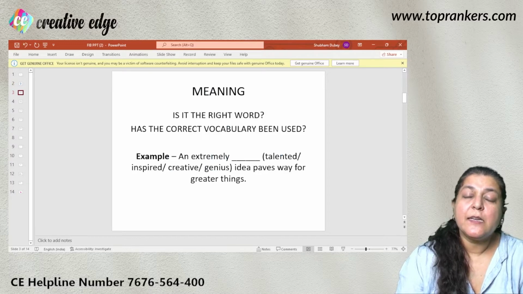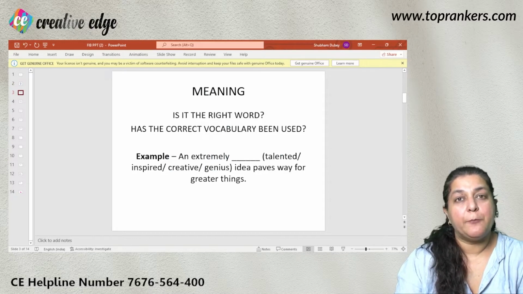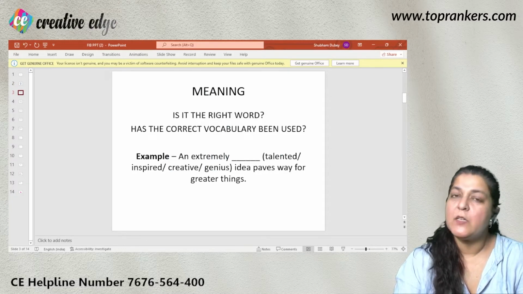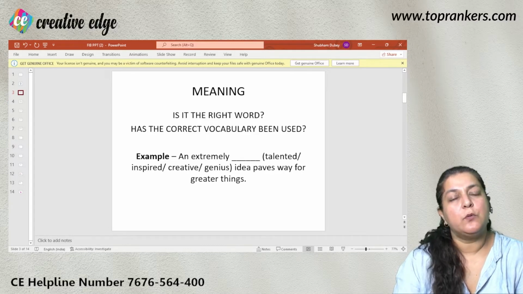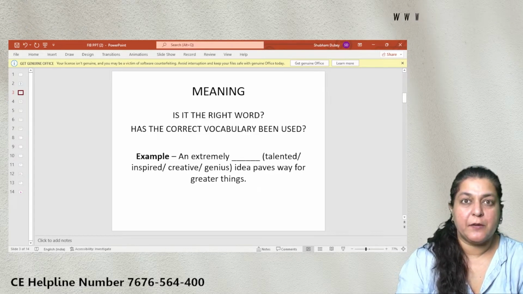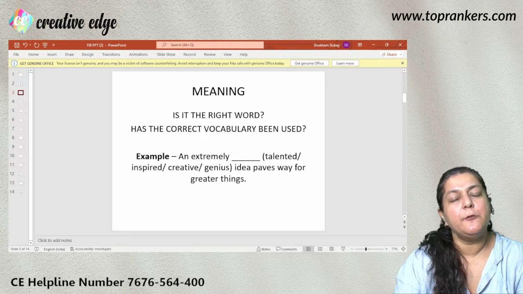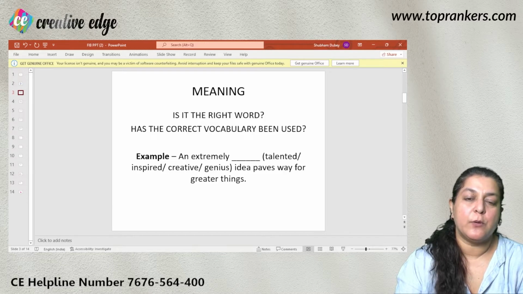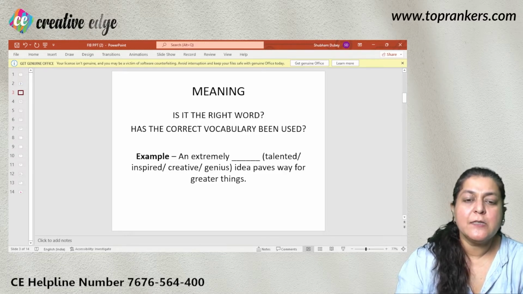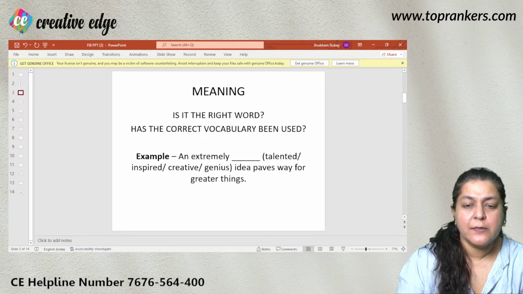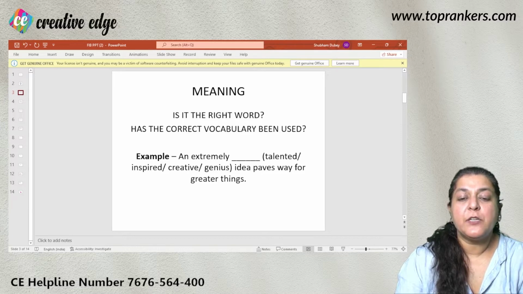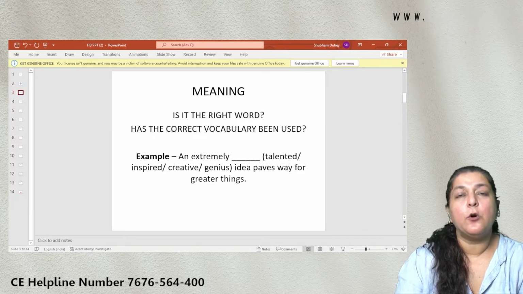Here it says: is it the right word, or has the right vocabulary been used? A lot of times we learn words and synonyms related to them, but it does not mean that each word will fit into the blank given to us. For instance, the example used here is: an extremely dash idea paves way for greater things.